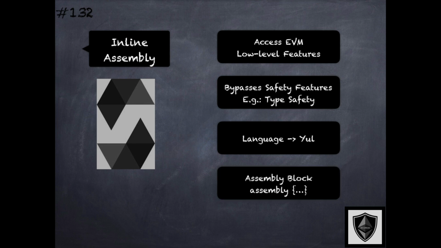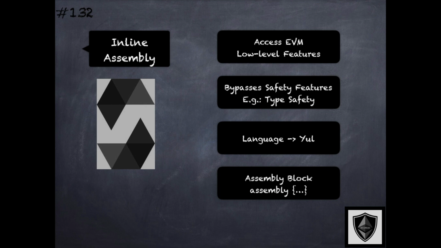An inline assembly block is marked using the keyword assembly followed by the block itself within curly brackets, and the inline assembly code is placed within the curly braces, specified in the Yul language that we just mentioned.